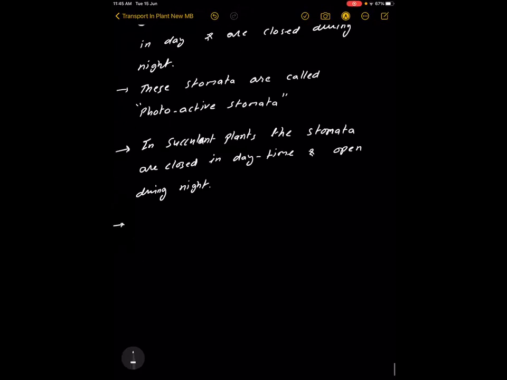They are called photoactive and scotoactive stomata. They have different mechanisms of opening. Scotoactive stomata open in night, and photoactive stomata open in daytime. Clear? So these are of two types.